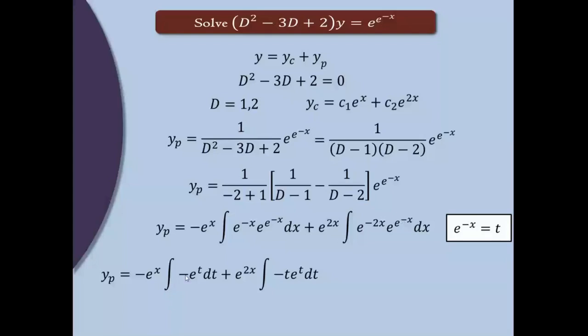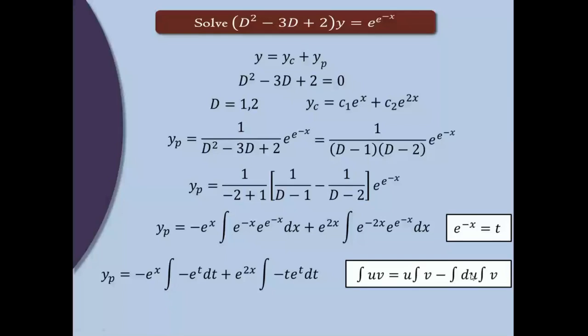But here there are two terms, t into e raised to t. And whenever we have a product of two terms, we can go for integration by parts. And what is the rule? Integral uv is equal to u integral v minus integral of derivative of first term, integral of second term. For that we have to choose u and v properly.